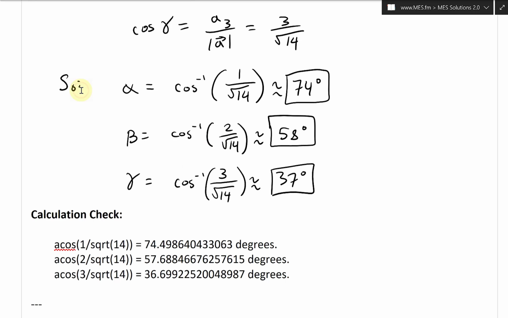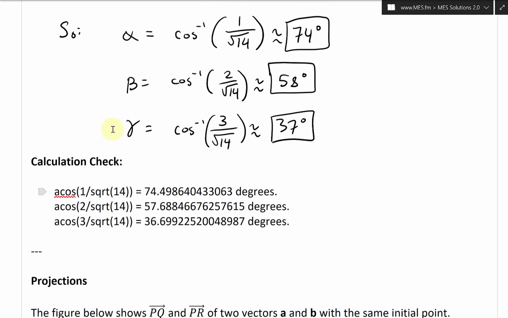Like that. And now we'll do a quick calculation check as per usual. Again, this is the built-in OneNote calculator. Put arc cosine or inverse cosine of 1 divided by square root 14, and then press space, it auto calculates, which is quite fascinating. And 74.49, etc. rounds down to 74.